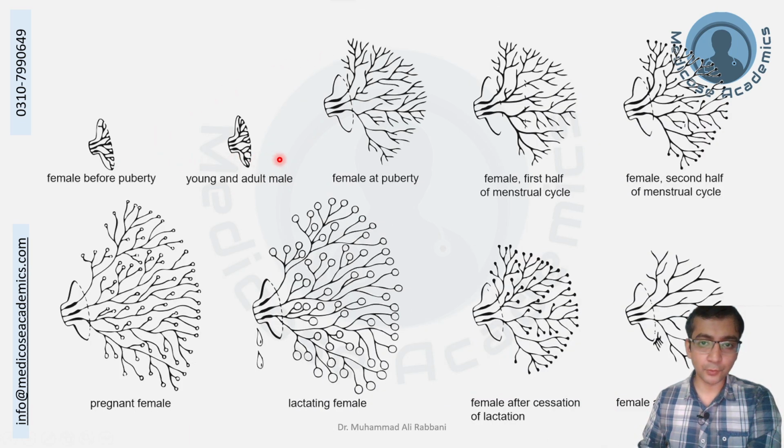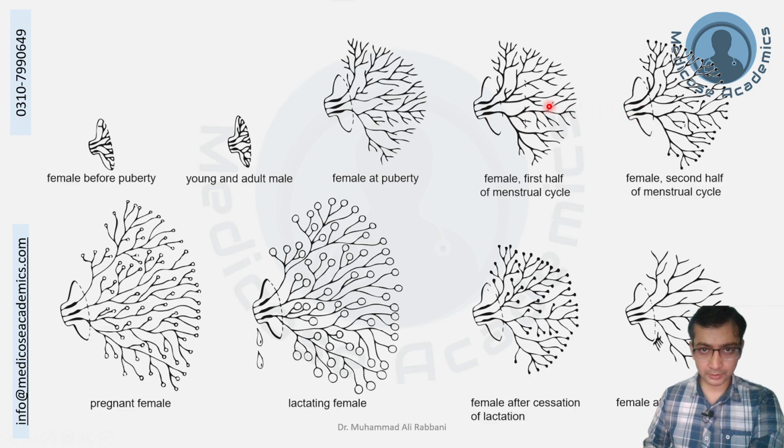Before puberty, the branching has taken place, and it does not have any alveoli in the end. In the menstrual cycle, the alveoli develop a little more or less in different parts of the cycle, but they usually develop more during the first pregnancy, where alveoli become cannulated with the secretion present in them, and a lactating female has very prominent milk secretion among them.